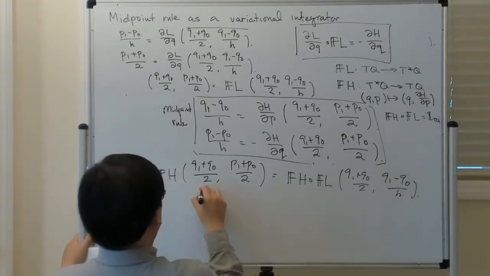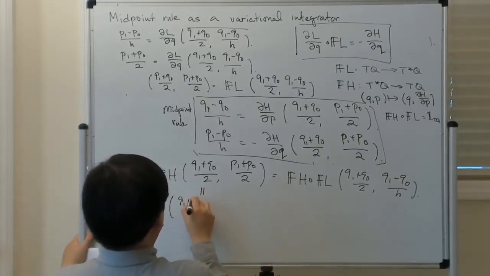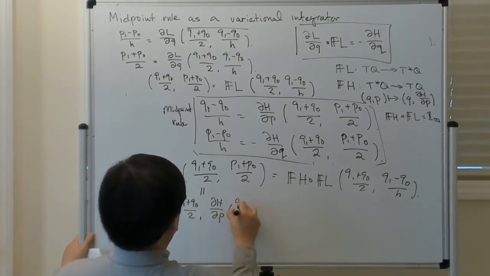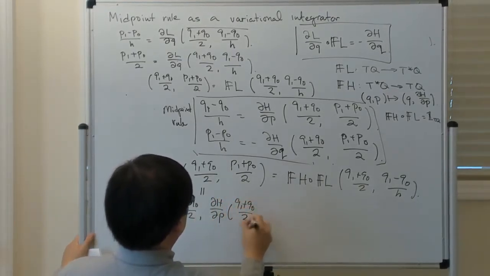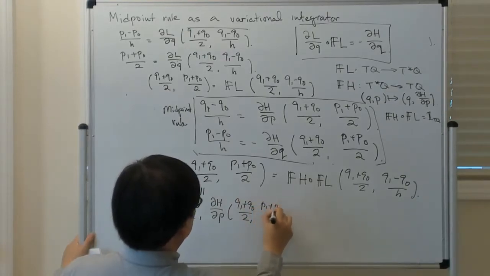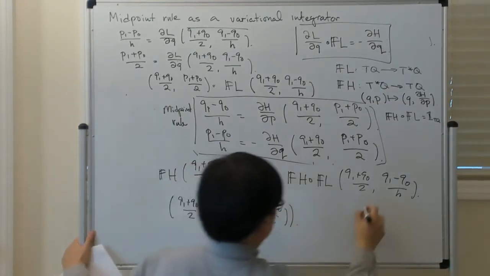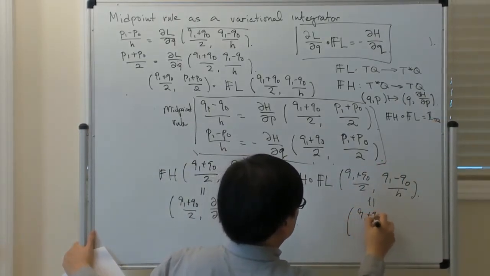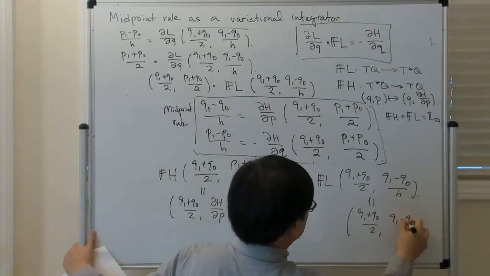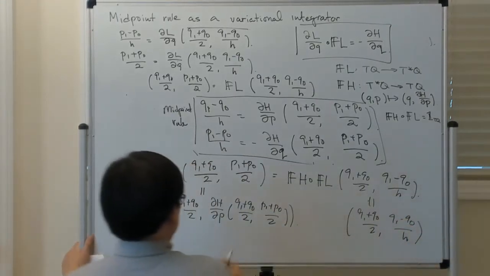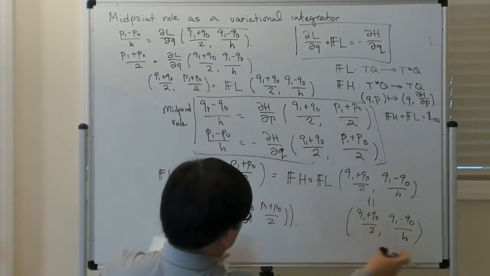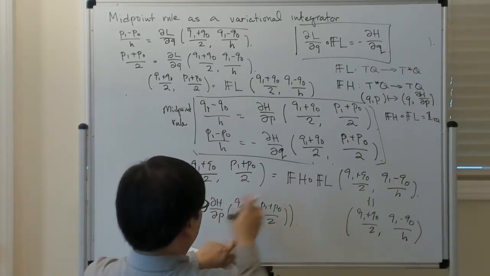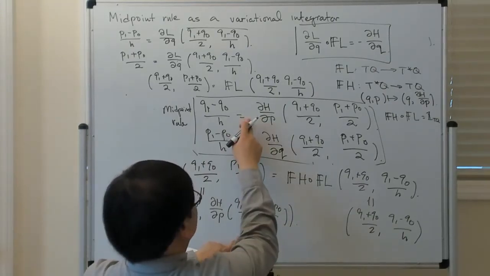Well, technically it is ((q1 + q0)/2, dH/dp((q1 + q0)/2, (p1 + p0)/2)), right? But this thing, of course, is the identity. So this is just ((q1 + q0)/2, (q1 - q0)/h). Right, so the first terms clearly agree with each other. So you equate the second term, which says that (q1 - q0)/h is dH/dp evaluated on this, which is exactly this statement here.